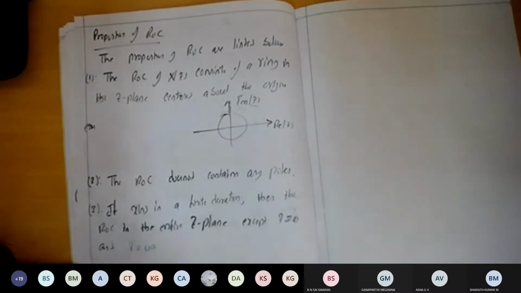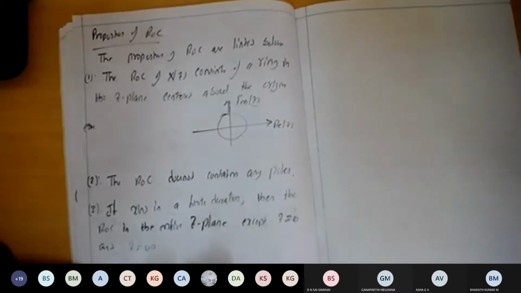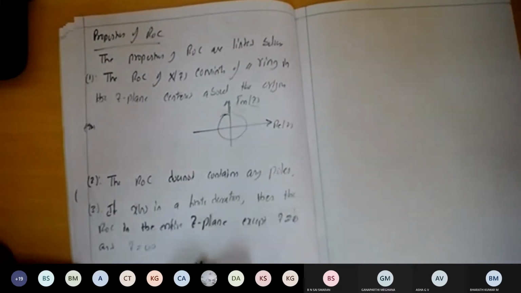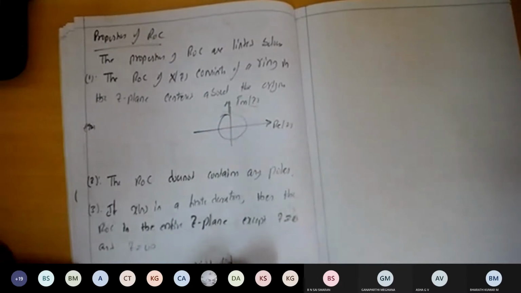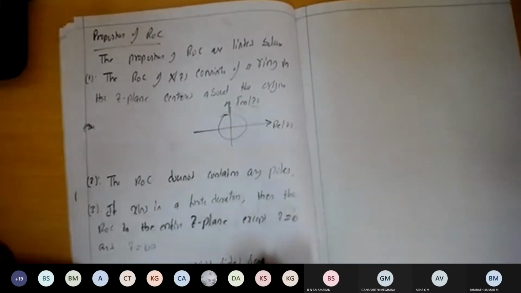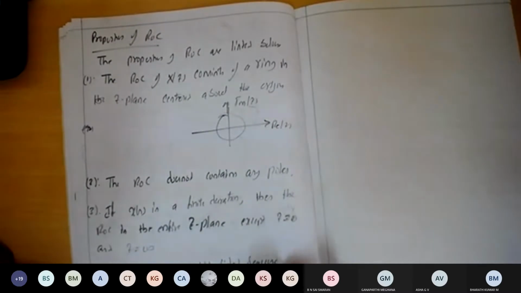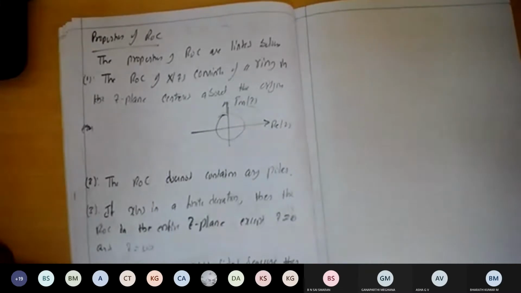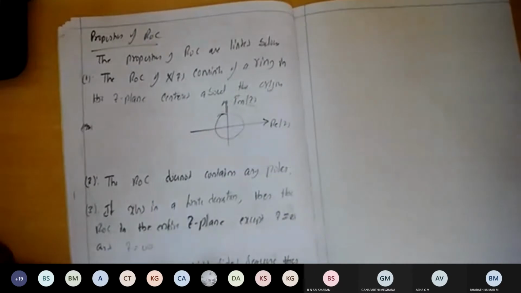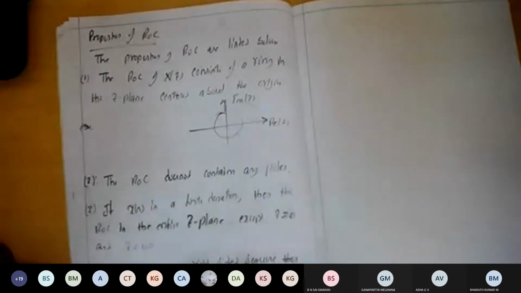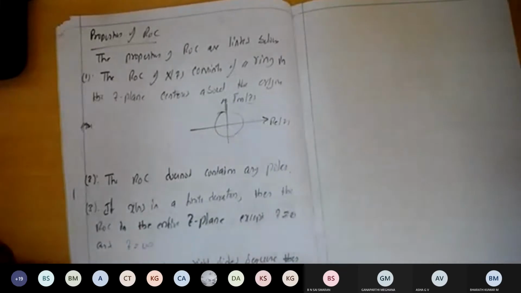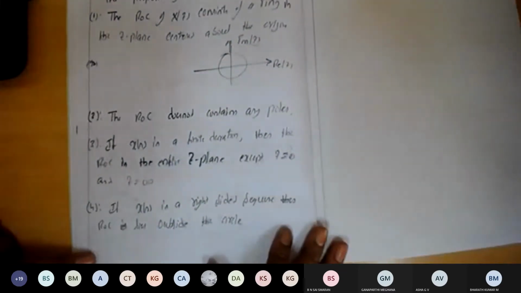So that is the property we'll write here: if x of n is a right-sided sequence, then the ROC lies outside the circle.